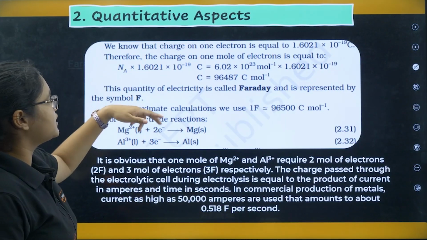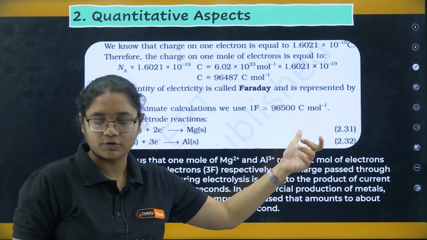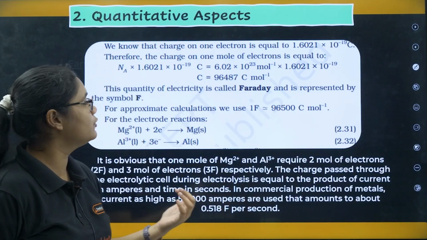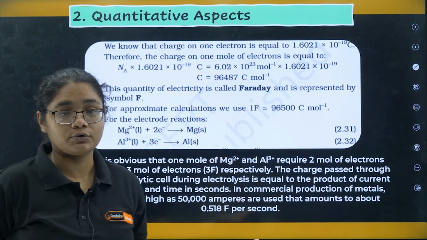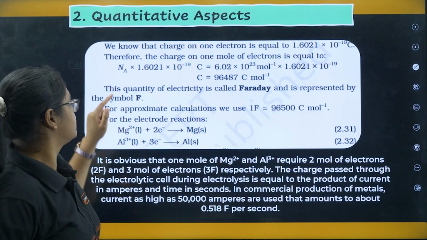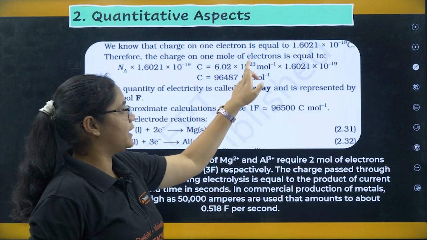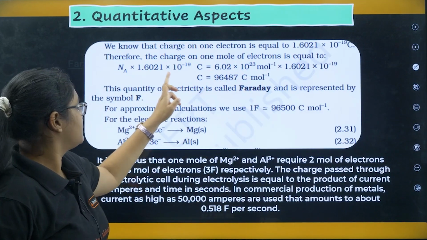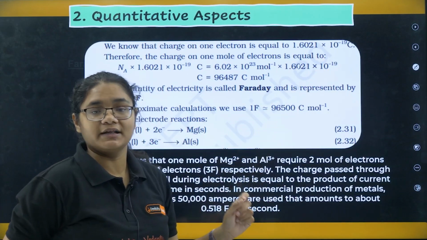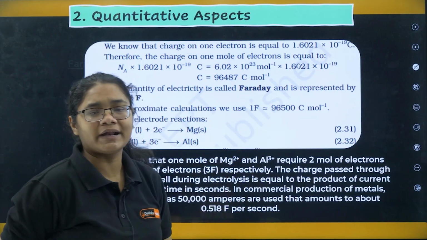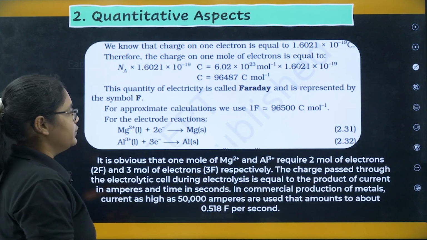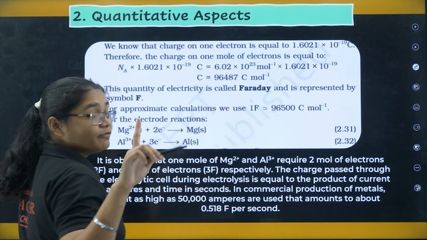Next, the charge of 1 mole of electrons: 1 mole means 6.022 into 10 to the power of 23. So Na is 6.02 into 10 to the power of 23 into 1.6 into 10 to the power of minus 19. If I multiply this, you will get around 96487.